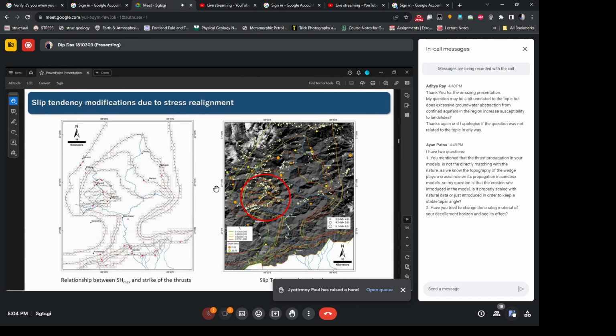Here, Trideep, the slip tendency is a sensitivity analysis of how the slip tendency changes with respect to the mutual directional relationship between the local stress and the thrust strike. That is what is being shown here. With respect to the stress values, in another paper we calculated the stresses in a tunnel in that area using FEMR only. Such values are actually used for normal stress and sigma 1, sigma 2, and sigma 3. Okay. Thank you.